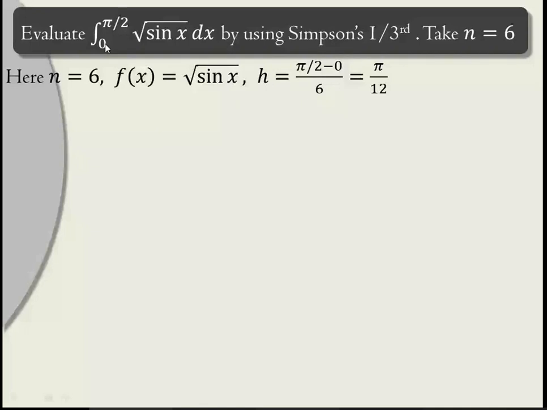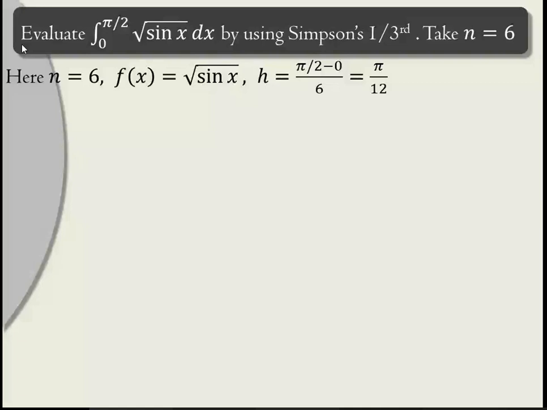At each term, add pi by 12. And at each value from x0 to xn, find the value of this function f of x, because f of x means y. So we want y0, y1 up to y6. How to get those values? Put the values of x0, x1 up to x6 into this function and then do the calculation.